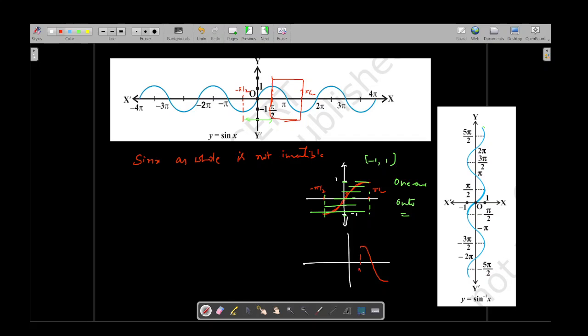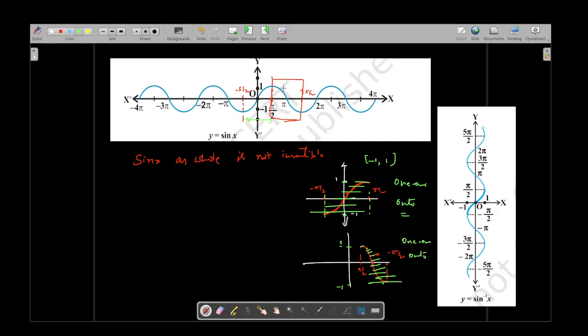This is pi by 2, this is pi, and this is minus pi by 2. Now if you pass any horizontal line like this, it touches only one point. So it is both 1-1 and onto. The range is from minus 1 to 1, so it covers all the values from minus 1 to 1. So for this interval, the sine wave is both 1-1 and onto.